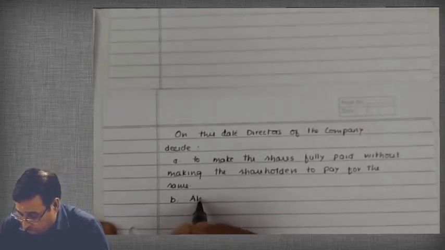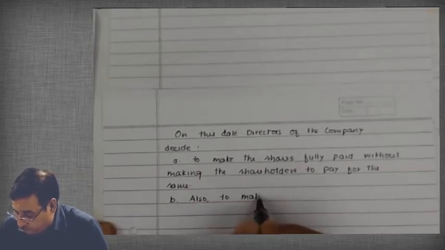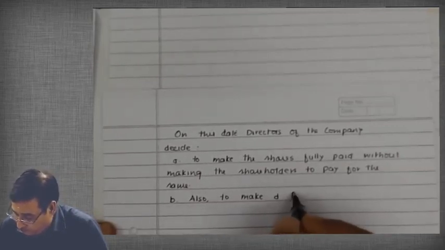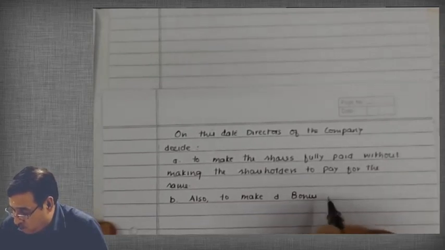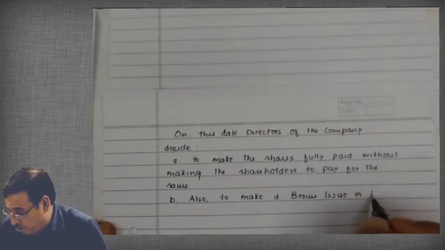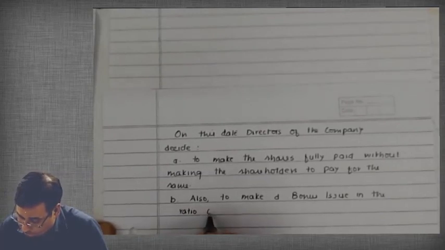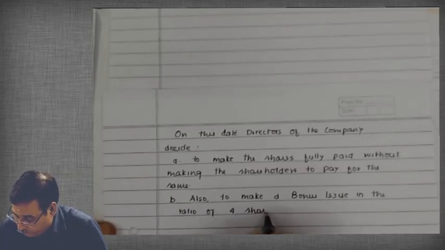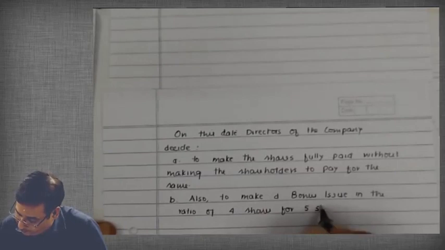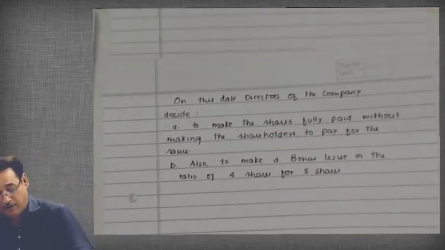Also, to make a bonus issue in the ratio of 4 shares for 5 shares. 4 shares for 5 shares means the bonus issue is in the ratio of 4:5.